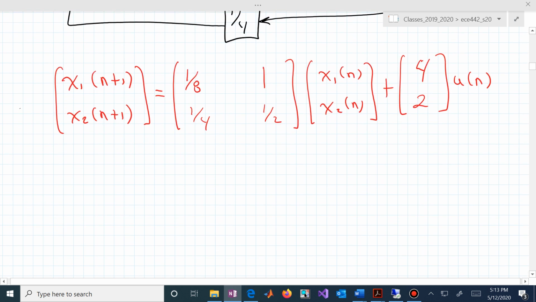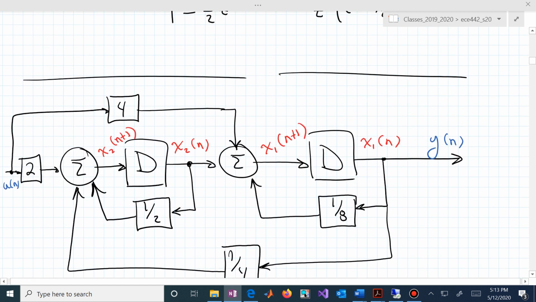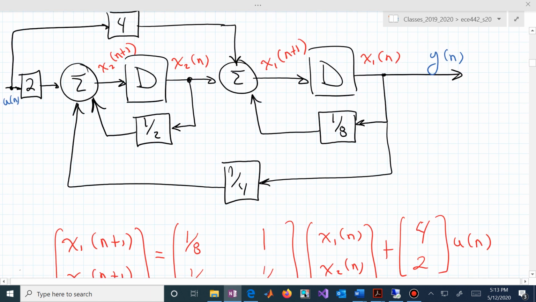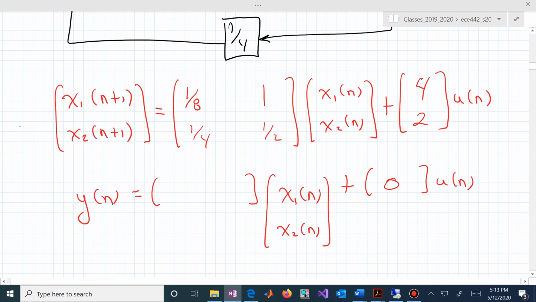And if somebody now said you need to know the output equation as well, in this case there's no direct feedthrough from the input to the output. That then says that one's 0. Y of n is only made up of a linear combination of x1, and it's just x1.